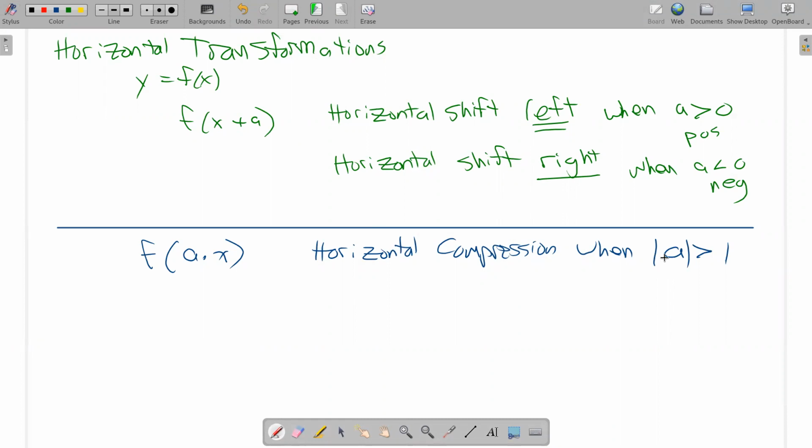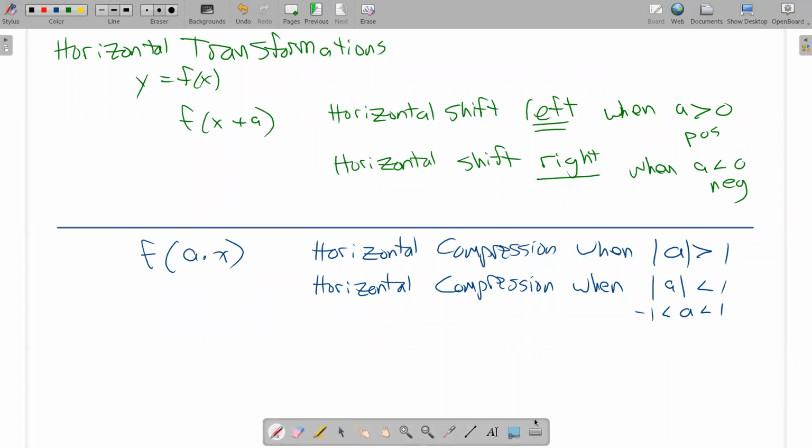So again, if a is something like 2 or 3 or negative 2 or negative 3, it's a compression. We're going to get a horizontal stretch if a is a proper fraction, and it's going to be a proper fraction if the absolute value of a is less than 1, which means a has to live between negative 1 and 1.